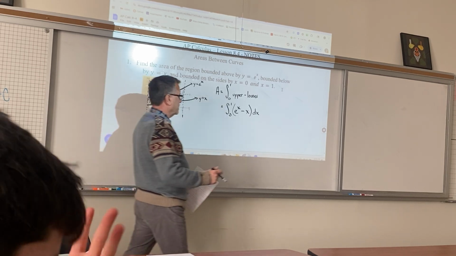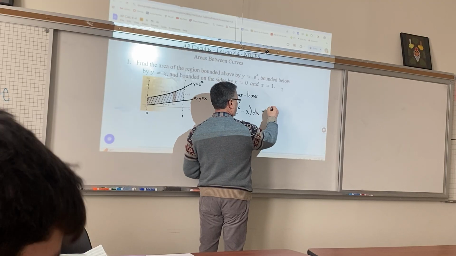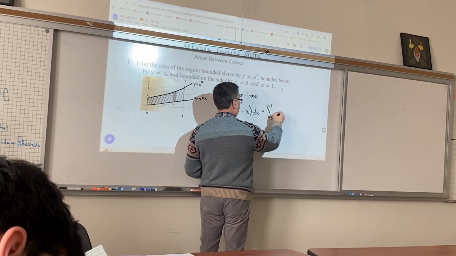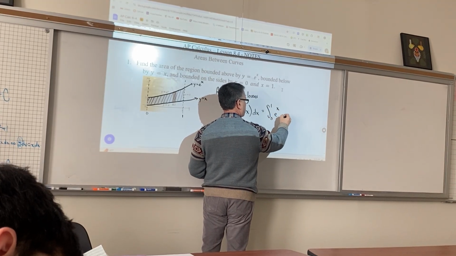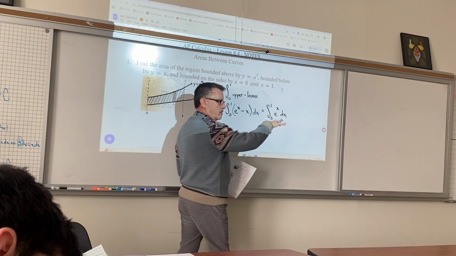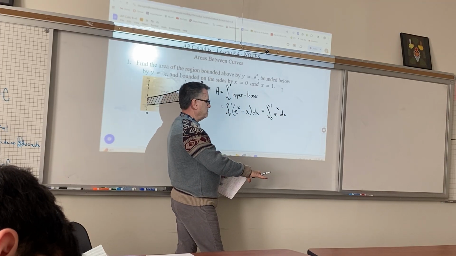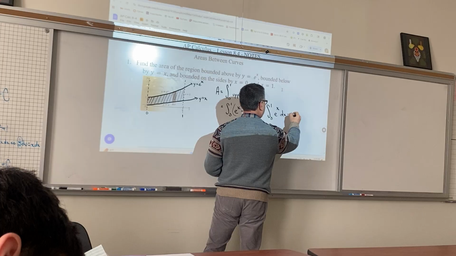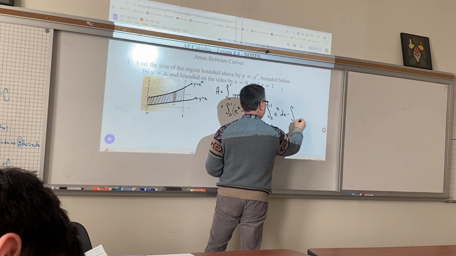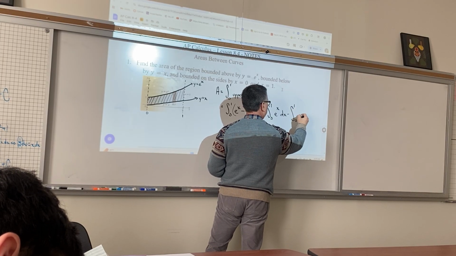So basically, that's the integral from 0 to 1 of this one, dx. That'll get me all the way down to the x-axis, minus this one, which represents the part I don't want.